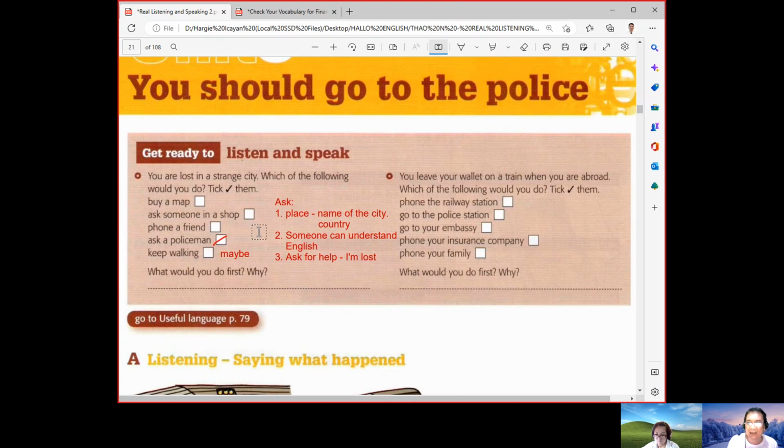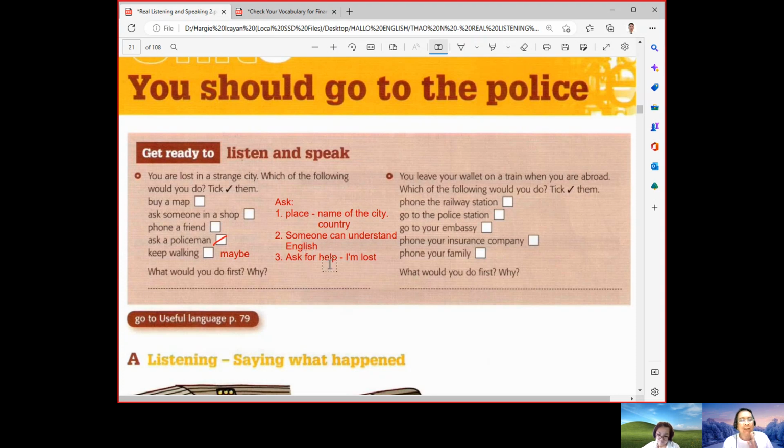You can ask them, but do not ask people just outside the shop, because sometimes they will take advantage of foreigners. Okay, so that would be it.